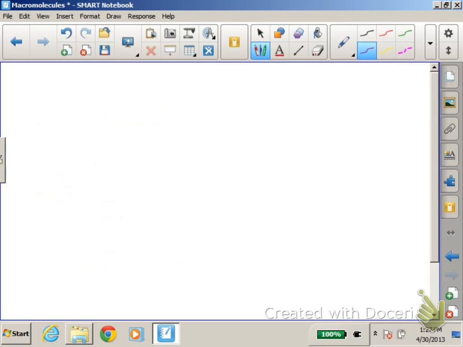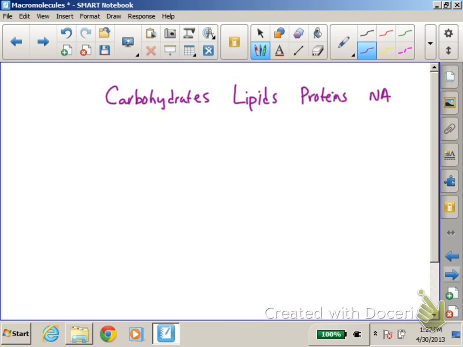Okay? So here we have carbohydrates. We have lipids. We have proteins. And we have your nucleic acids. Okay, and then going down the side, you need to know for each one the elements present.